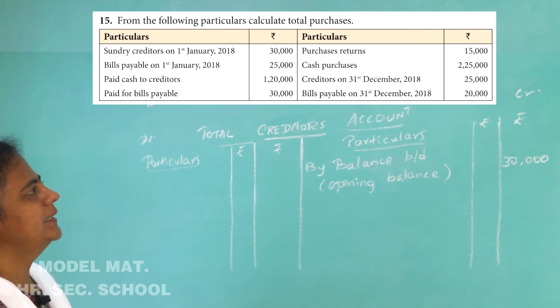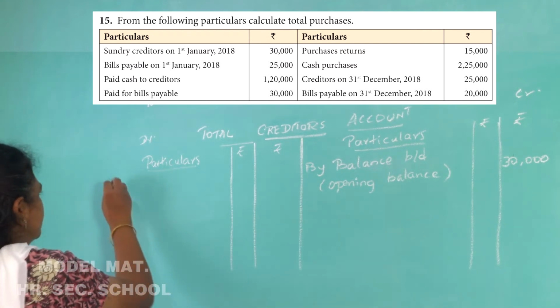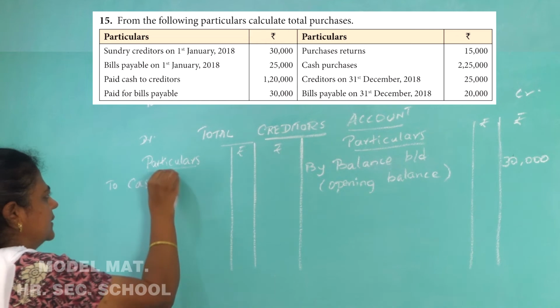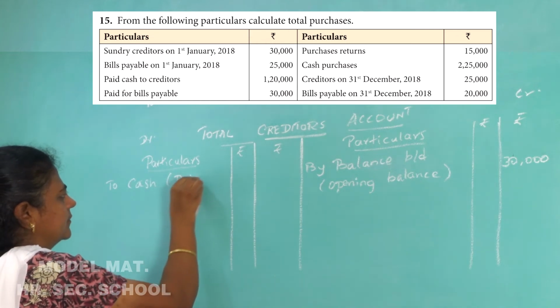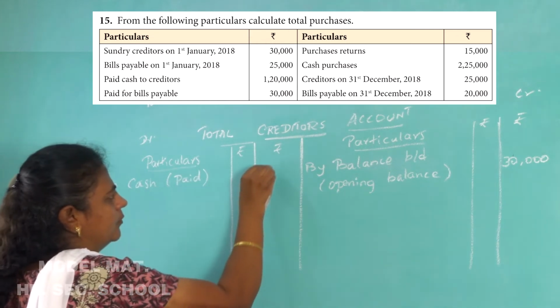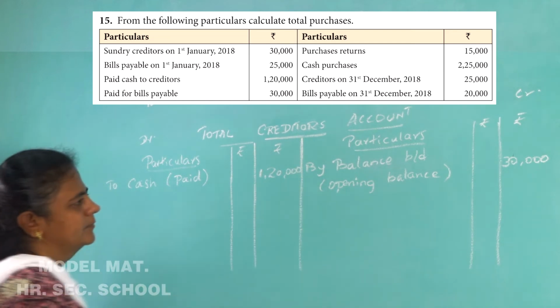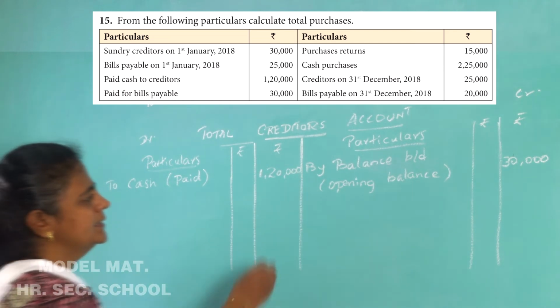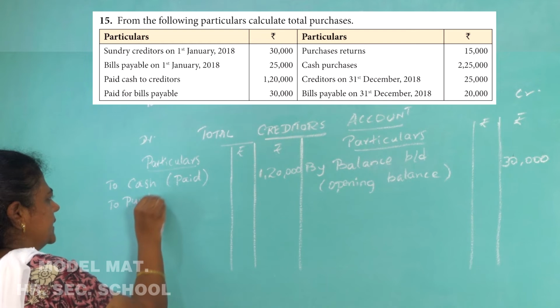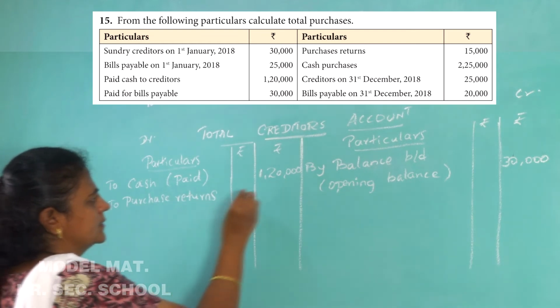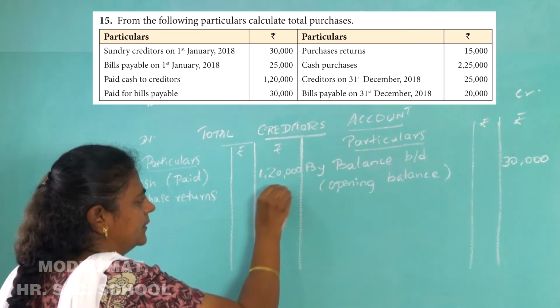Next, paid cash to creditors. So that you write here, to cash paid, 1,20,000. Purchase returns 15,000, purchase returns or returns outwards, that is 15,000.